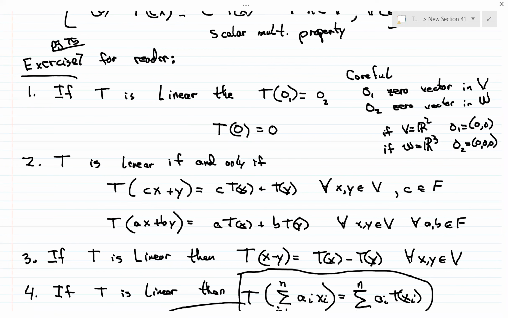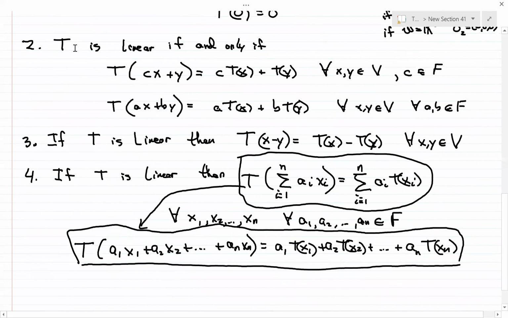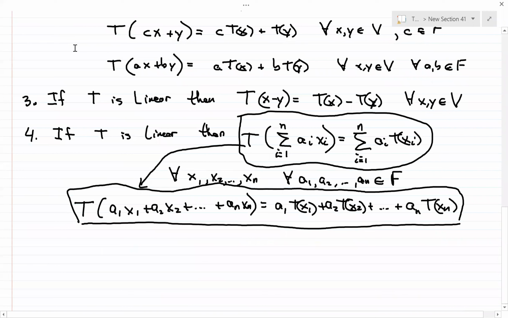So the obvious question that comes up is, give an example. So let me give an example. Let's let the vector space be the real line, and let W also be the real line.